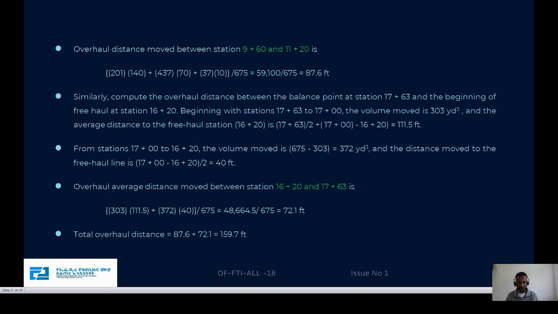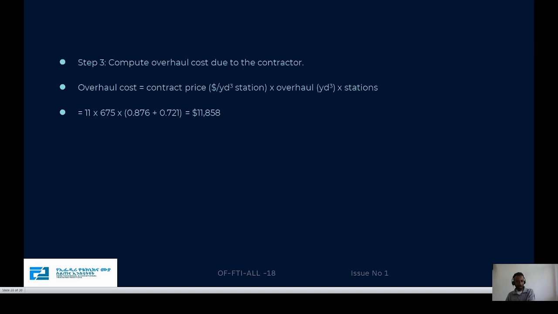And also we have from station 17 up to 16 plus 20. So lastly the overhaul distance is 87.6 plus 72.1, so the final overhaul distance is around 159.7 feet. This is multiplied by the cost of 11 per overhaul station.